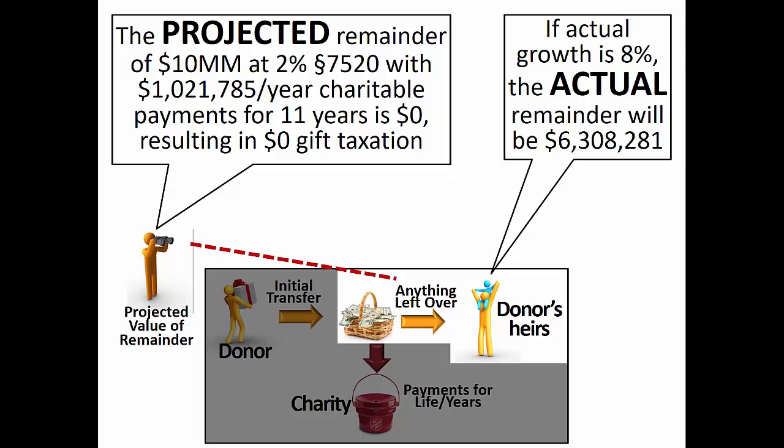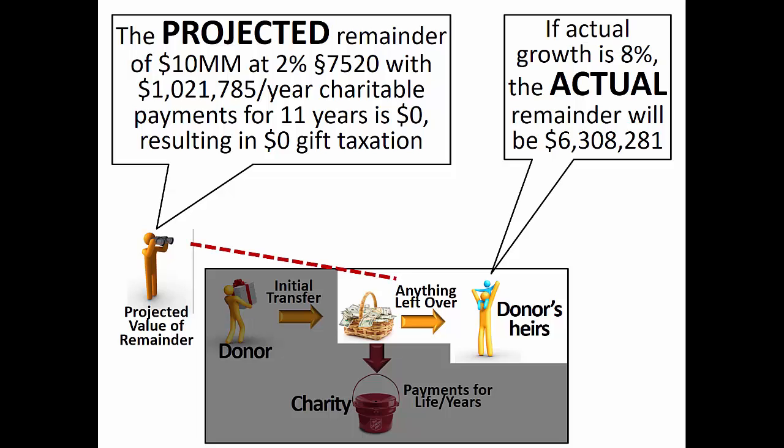For a donor at top tax rates, gifting that much after-tax money to heirs would otherwise have come at a cost of over $2.5 million in gift taxes or $4.2 million in estate taxes.